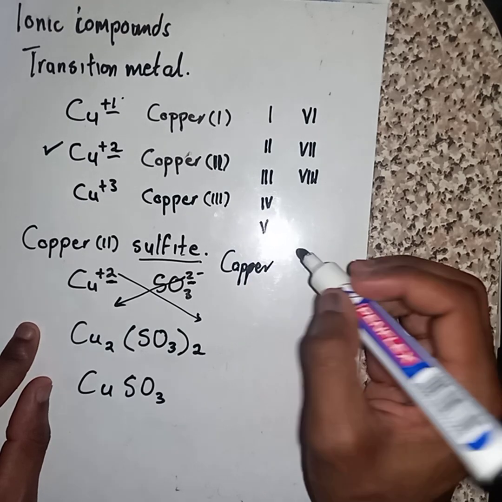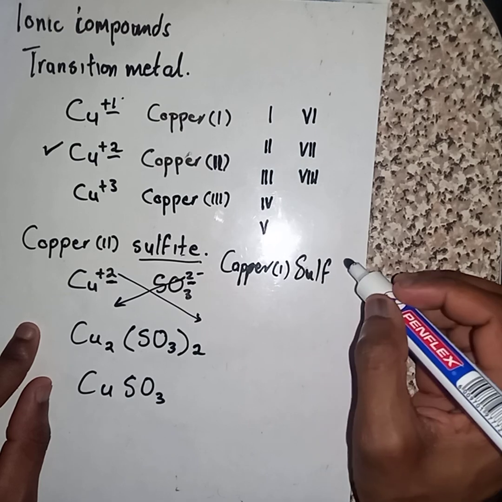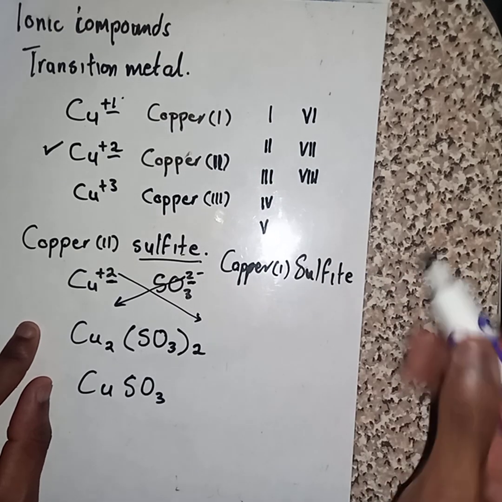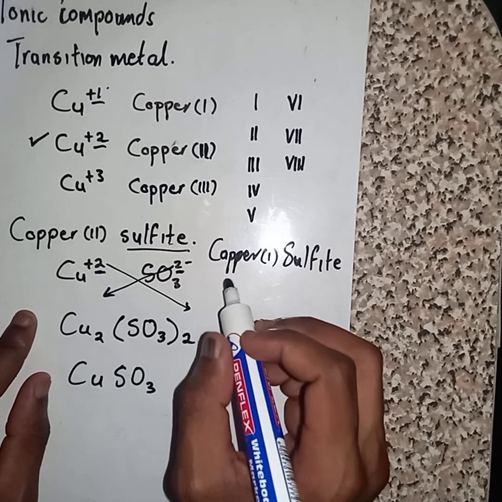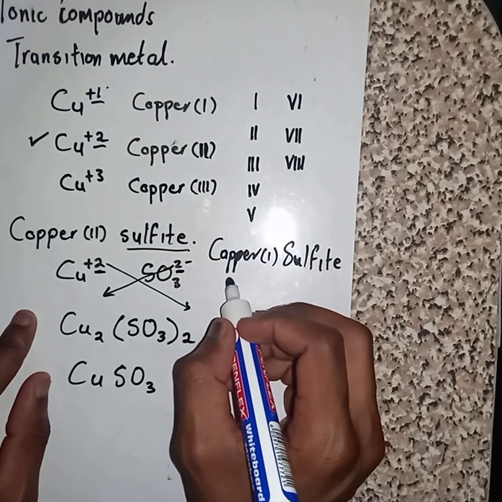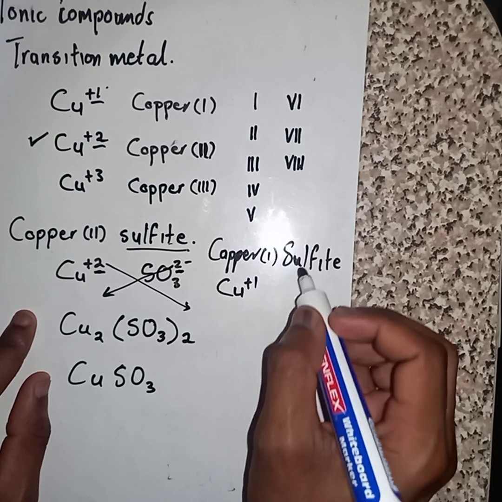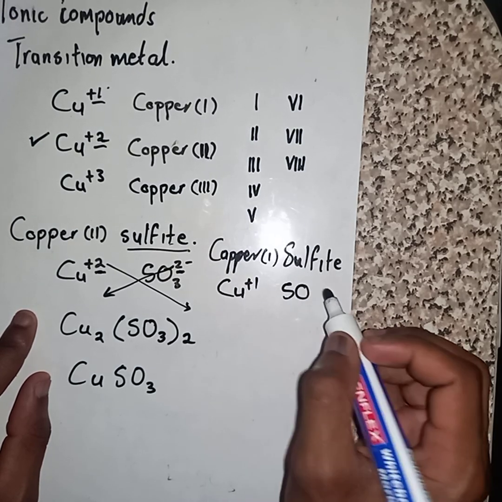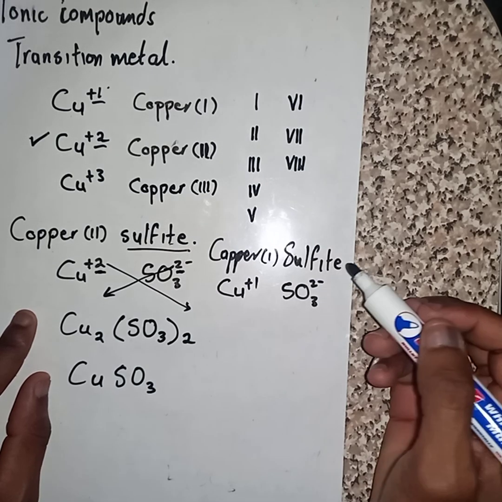Suppose, let's say, now they say write the formula of copper 1 sulfate. How are you going to do this one? You apply the same principle to say now copper is Cu plus 1, sulfate is going to be minus 2.